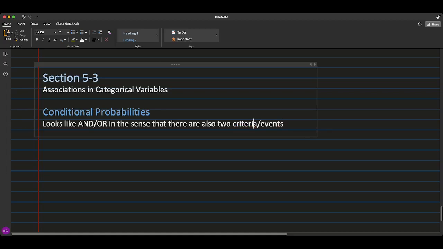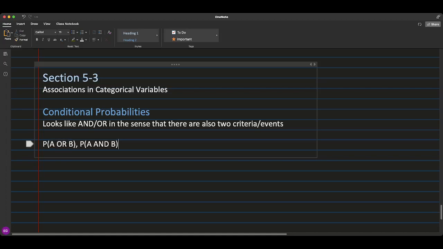So when you calculate the probability of A or B, you're dealing with two criteria. It has to be A or B. Same thing when you're doing the probability of A and B, right? You need this and this to happen. We're dealing with two criteria or events.